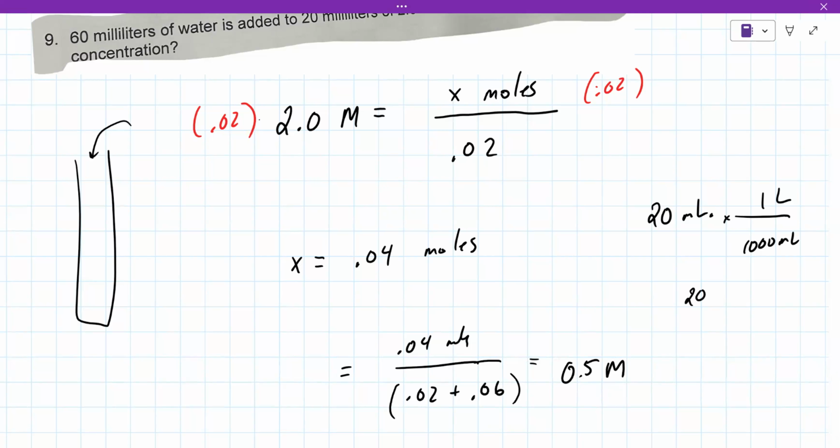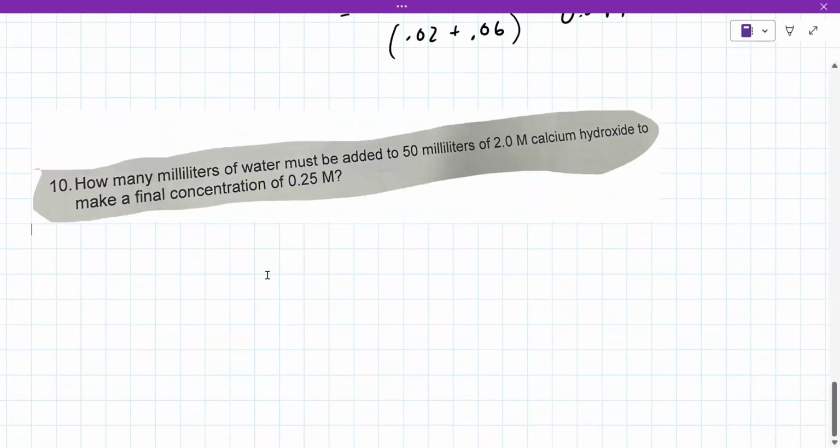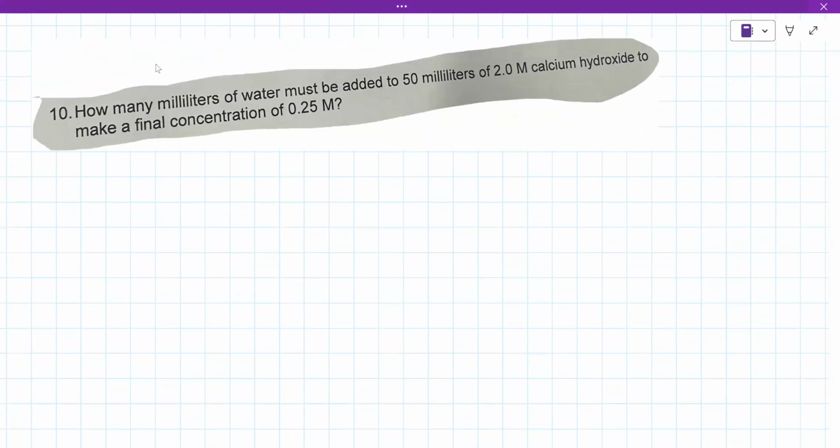Okay, number 10. How many milliliters of water must be added to 50 milliliters of a 2.0 molar calcium hydroxide to make a final concentration of 0.25 molar?